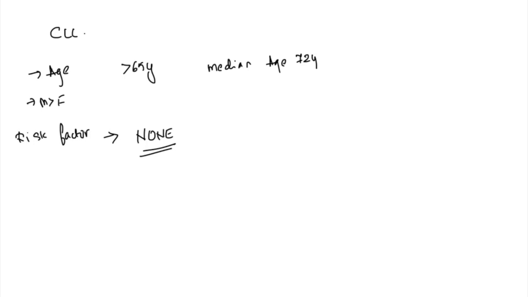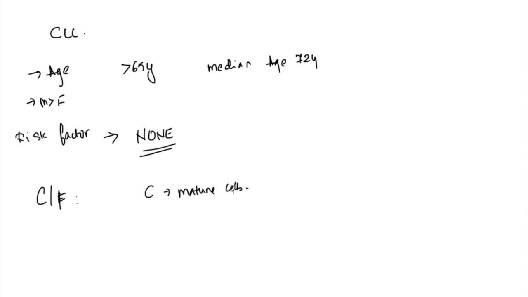So now we will look into how the patient will present. Right? So clinical features. To understand the clinical features, if you just know what is happening in this tumor, it is very, very simple. We said it is chronic, that is basically mature cells.